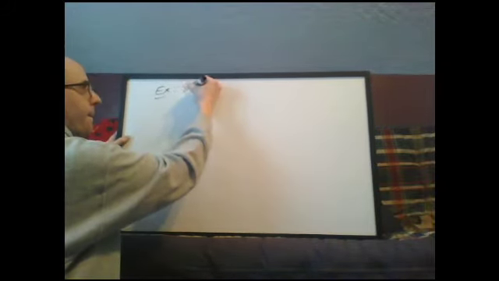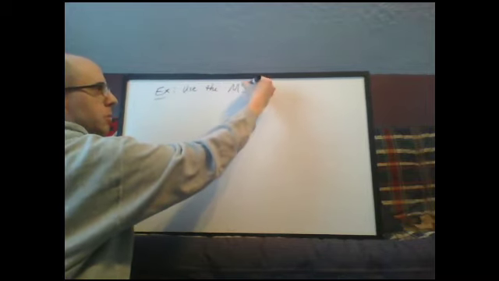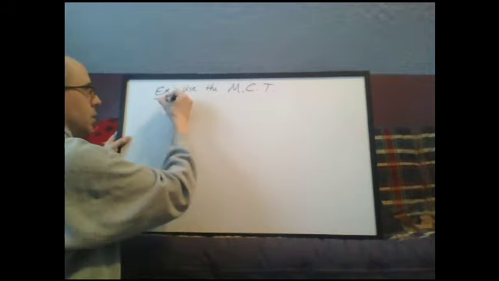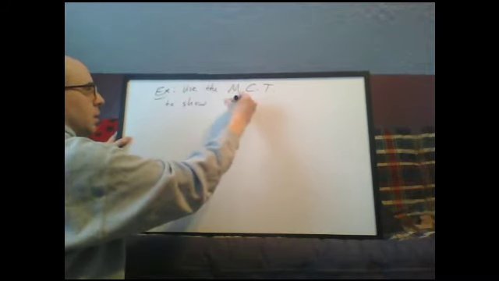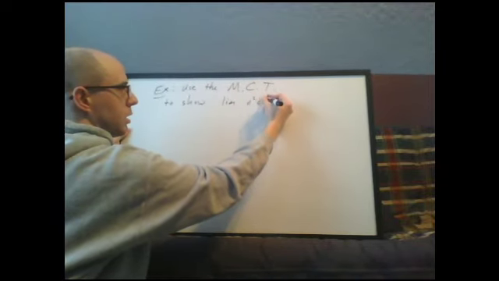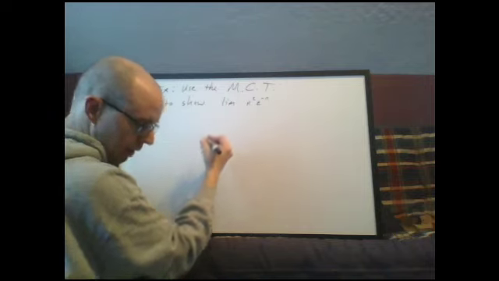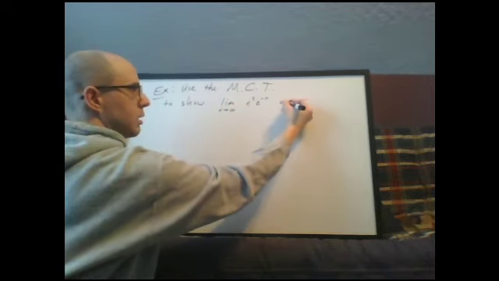Let me be more direct about my question. Use the monotone convergence theorem to show the limit of n squared e to the negative n, as n goes to infinity, exists.